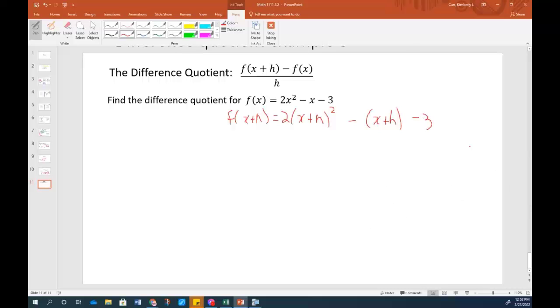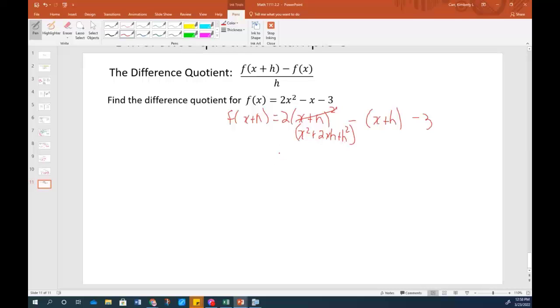I want to go ahead and simplify that, because anything I can do before I get it in that ugly fraction helps. x plus h squared is x squared plus 2xh plus h squared.